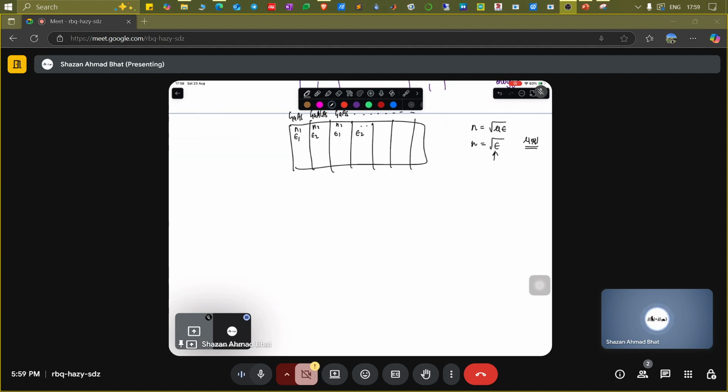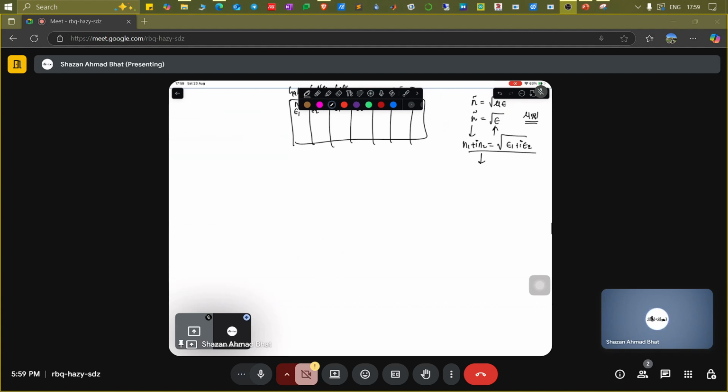But you know that this epsilon is actually complex, so n is also complex. You can write n1 plus i times n2 is equivalent to the square root of epsilon 1 plus i times epsilon 2. Solving this, you get epsilon 1 equivalent to n1 square minus n2 square, and epsilon 2 equivalent to twice n1 n2.